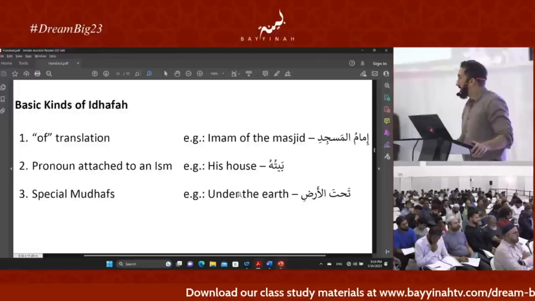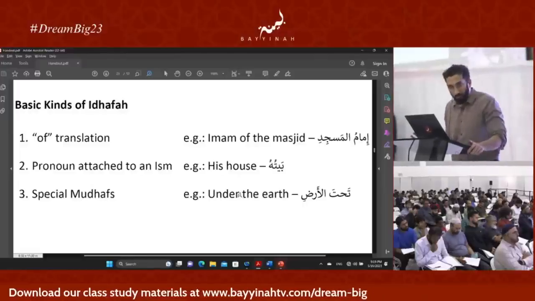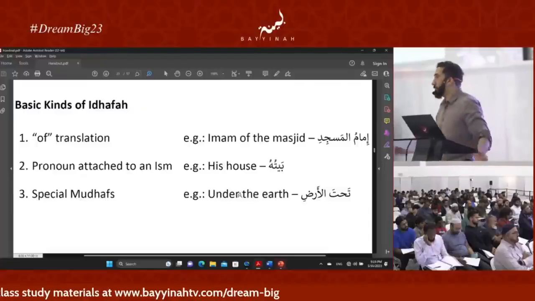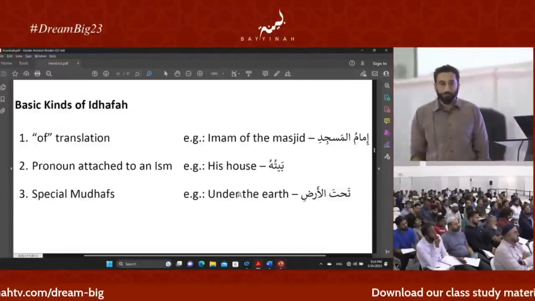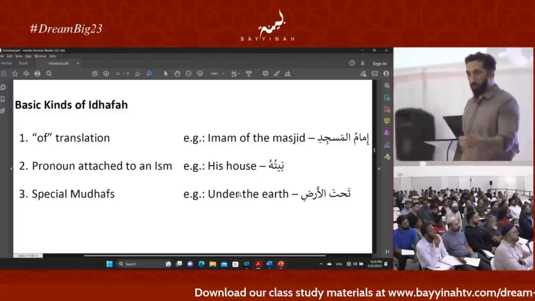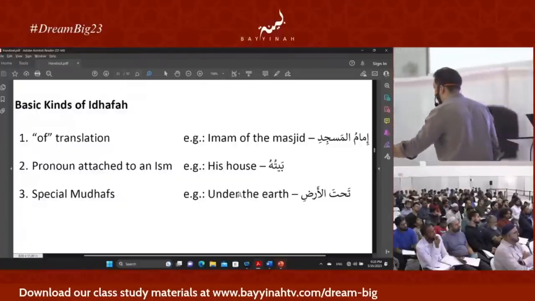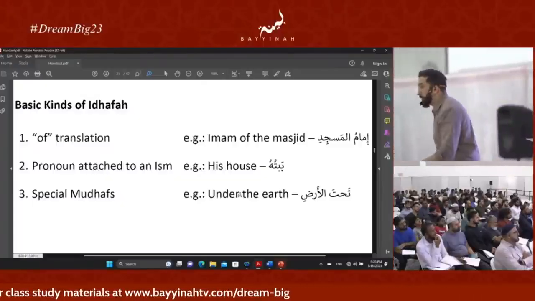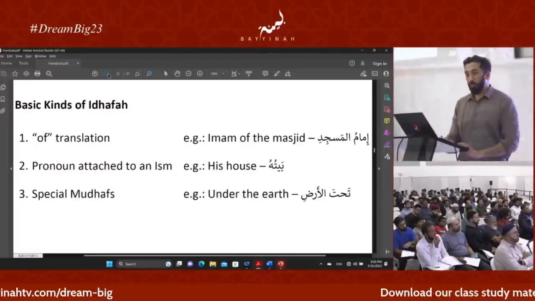I call them special mudafs. What are they? Special mudafs. Now, do you remember the definition of an ism that we did many moons ago? What did I tell you about an ism? Ism is a person, place, thing, idea, adjective, adverb, and the next page is what I mean by more.